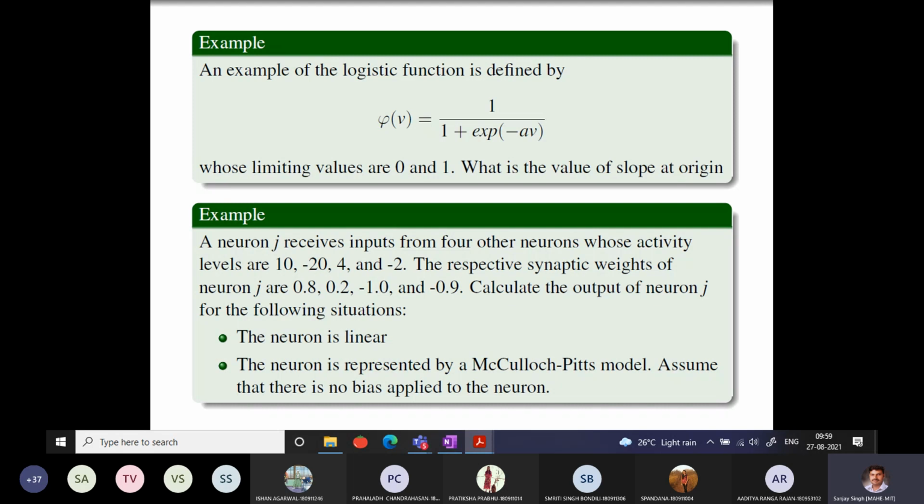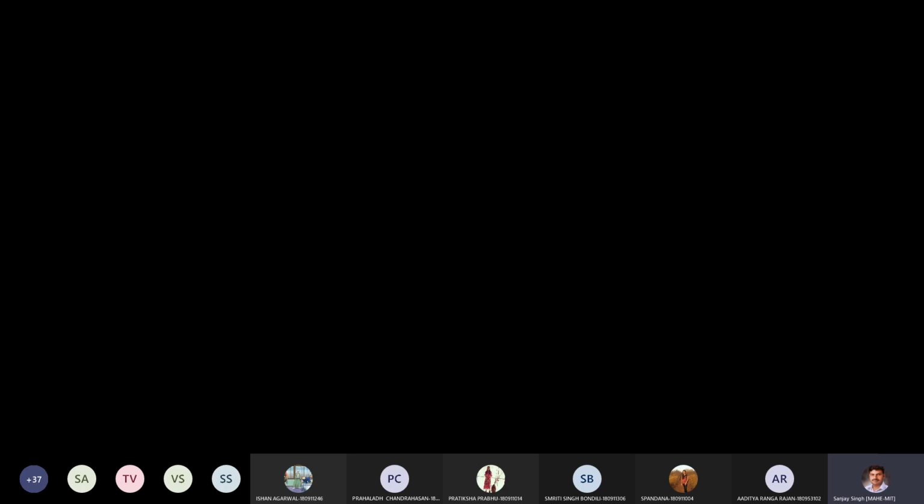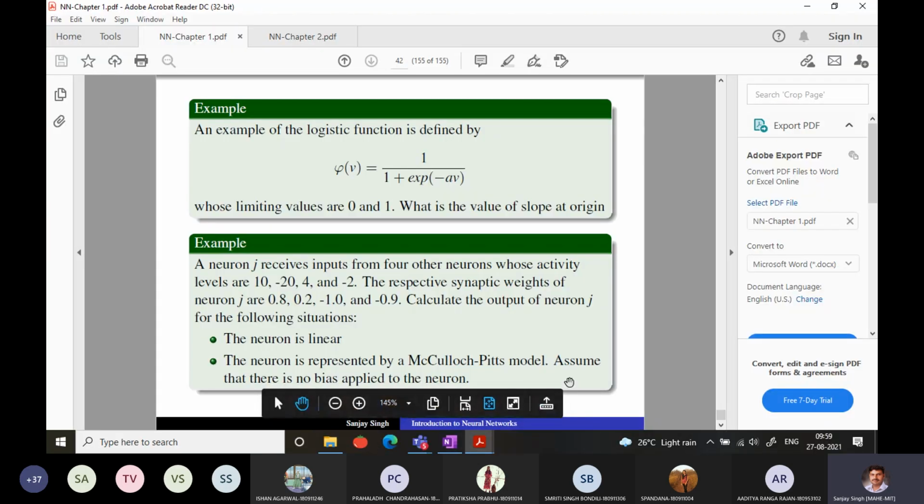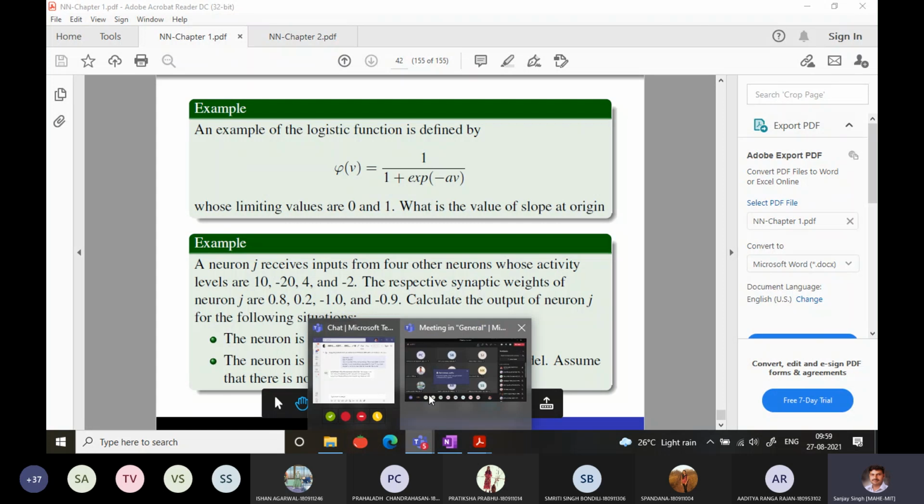If the value is greater than 0, the output is 1; if the value is less than 0, it is 0. So the output will be either 0 or 1, depending on the activation value you compute. I'll stop here, and we'll see more of our learning outcomes and learning processes later.